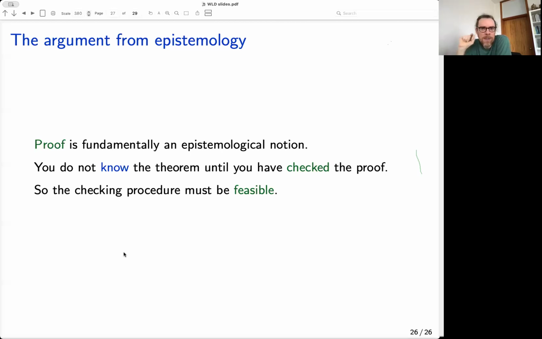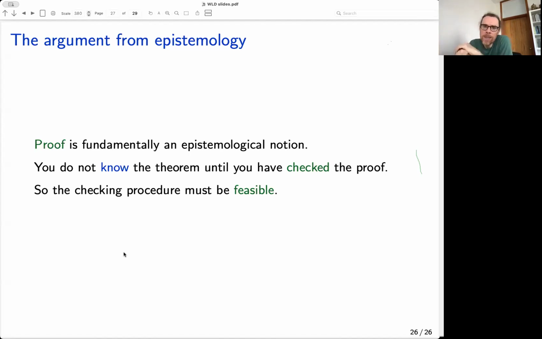The premise is something like, you don't know some theorem until you have checked the proof of it. Suppose someone just gives you a proof of some theorem. You don't immediately come to know that theorem. You have to actually check the proof. And once you've checked through it and seen that it's a correct proof, then you can be said to know the theorem.